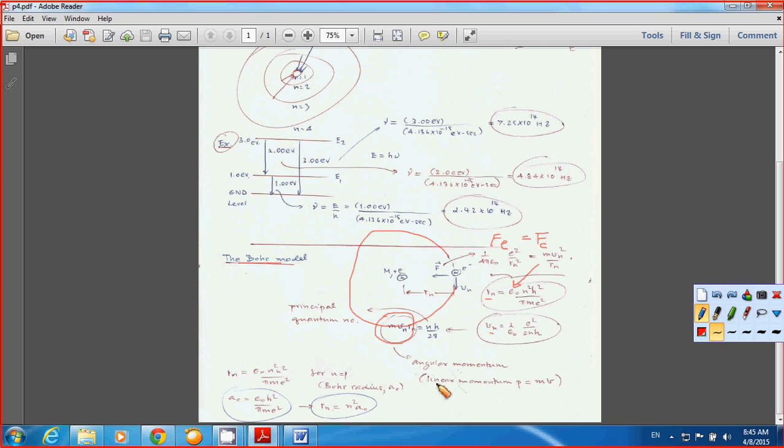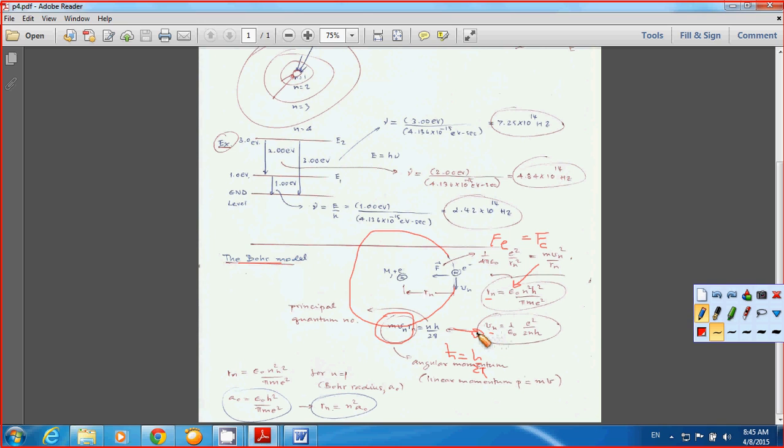When you're talking about linear momentum, you simply multiply the mass by the velocity. But for angular momentum, you have the relation mvr equal to n h bar, where h bar equals h over 2 pi, if you still remember. And that's how you get Vn, like this here.